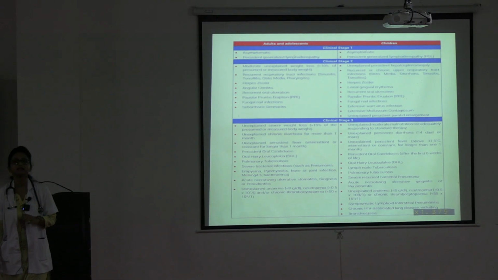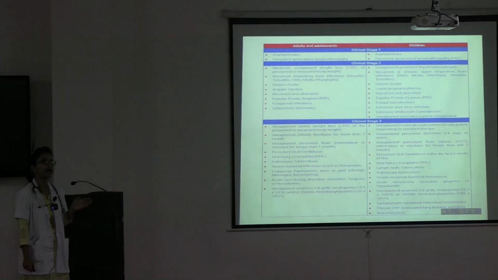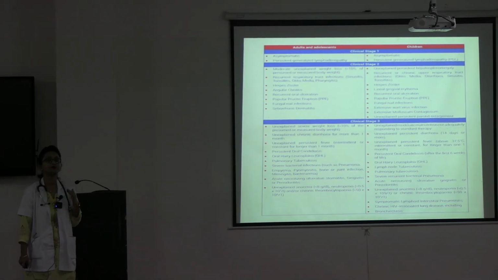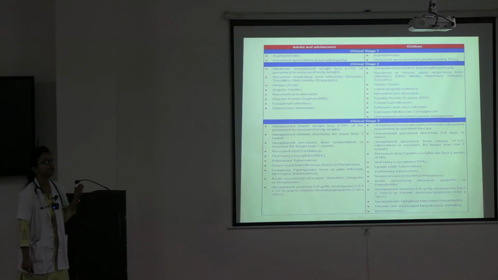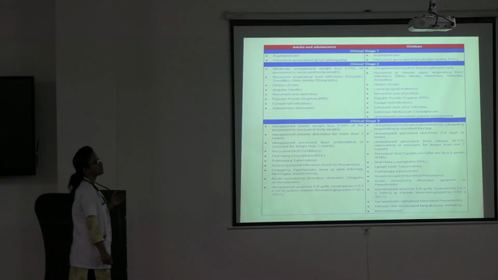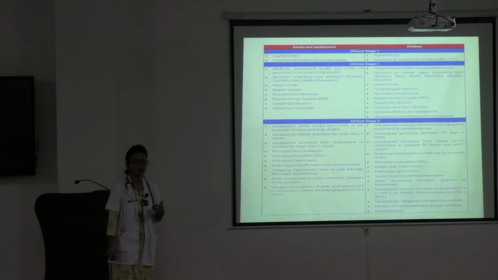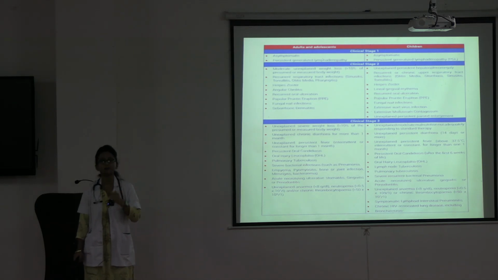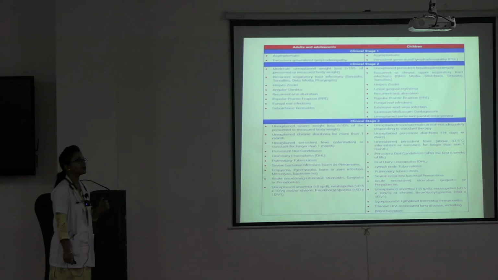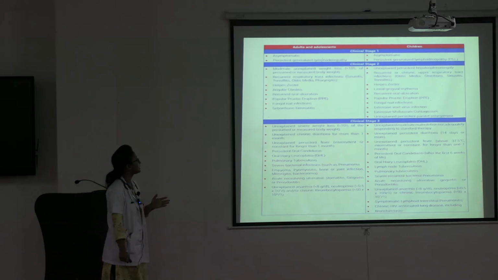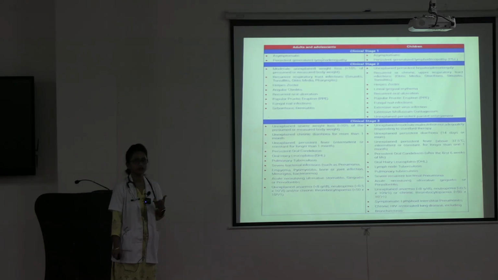So in the clinical stage 1, the patient may be asymptomatic, or the patient might present to you with certain generalized lymphadenopathy. In clinical stage 2, the patient will present to you with weight loss, but it will be less than 10% of the presumed body weight, okay, along with some herpes zoster or angular cheilitis or recurrent oral ulcerations.